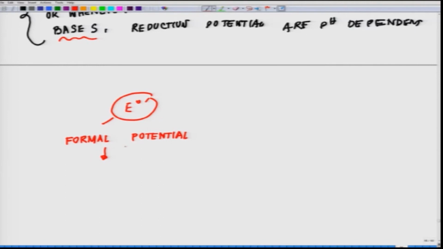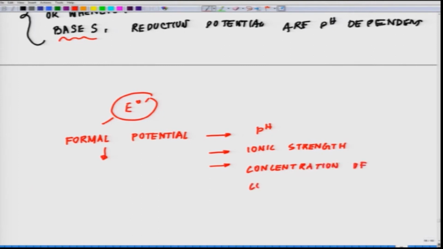It is a reduction potential that applies under a specific set of conditions, which includes pH, ionic strength, and concentration of complexing agent.